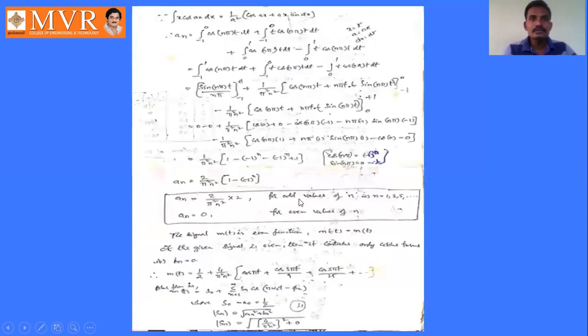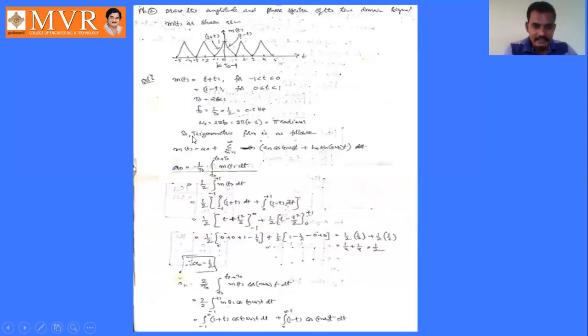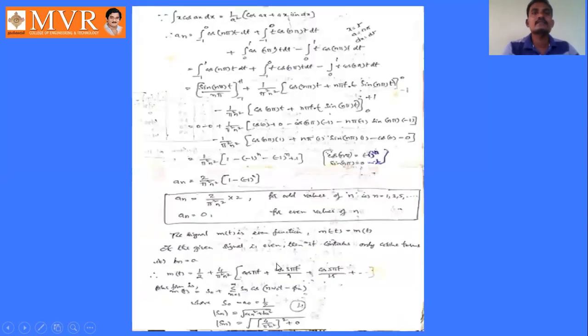Okay, so it is in the form of integral x cos ax dx. See, this is 1 plus t into cos n omega t, x cos ax. Here also it is x cos ax. So integral x cos ax dx is equal to 1 by a square into cos ax plus ax sin ax.